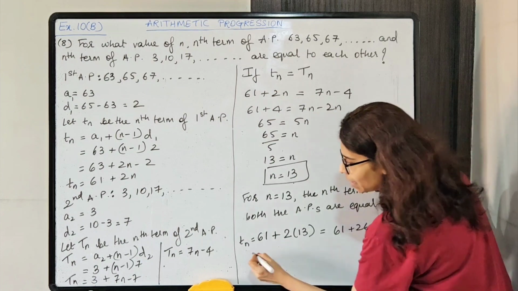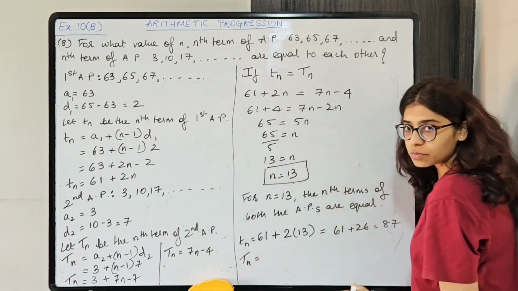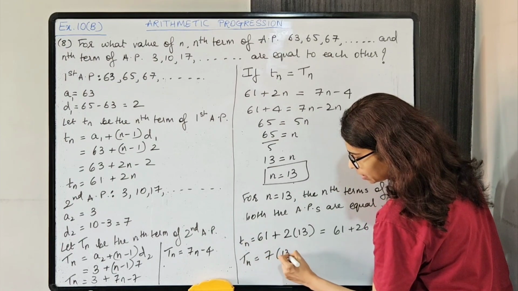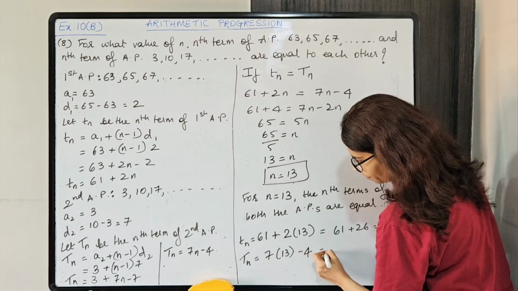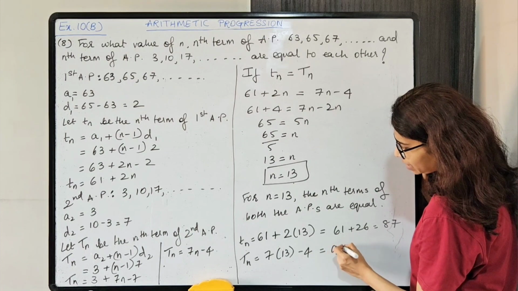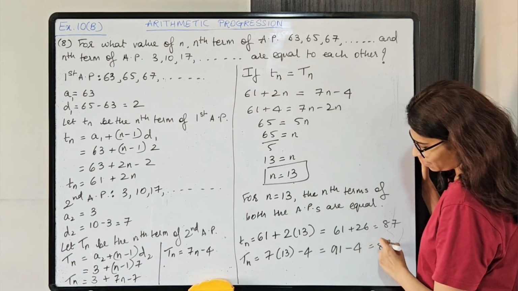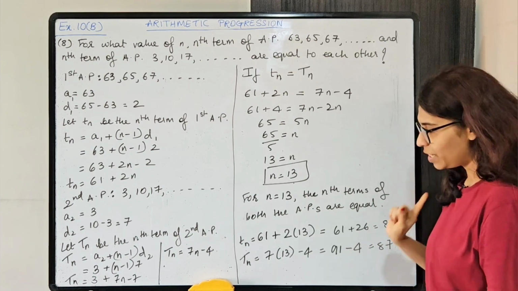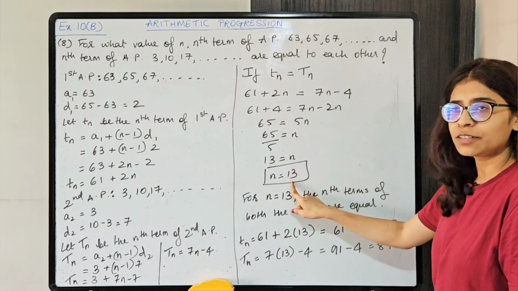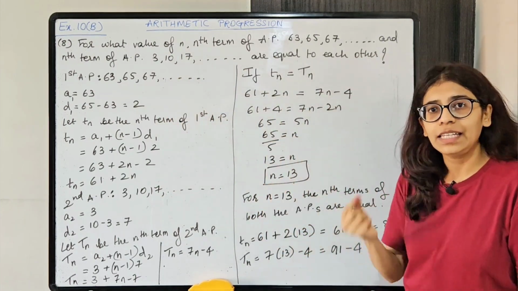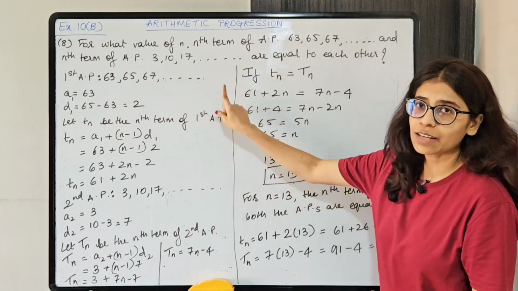Okay, सेम वे कैपिटल Tn देखो, वो भी सेम मिलना चाहिए. 7 into 13 minus 4. Okay, so that will give 91 minus 4, that will give 87. Okay, so yes, for 13th term both the APs का 13th terms are equal, that is they are going to be 87.